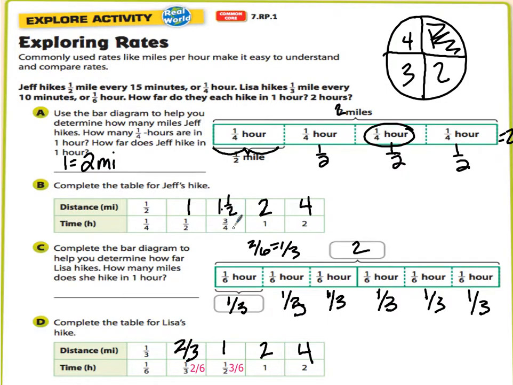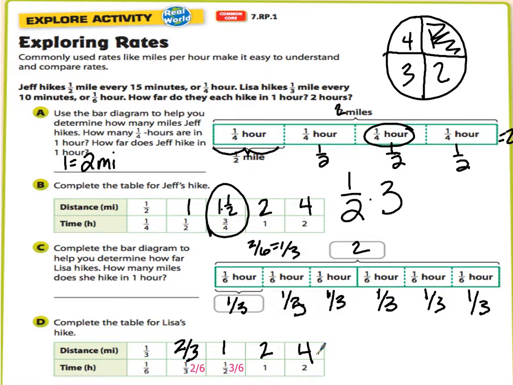So to find this, you could take his rate, which was 1/2, or how far he goes, and multiply it by the number of quarters of an hour that he was going to go.